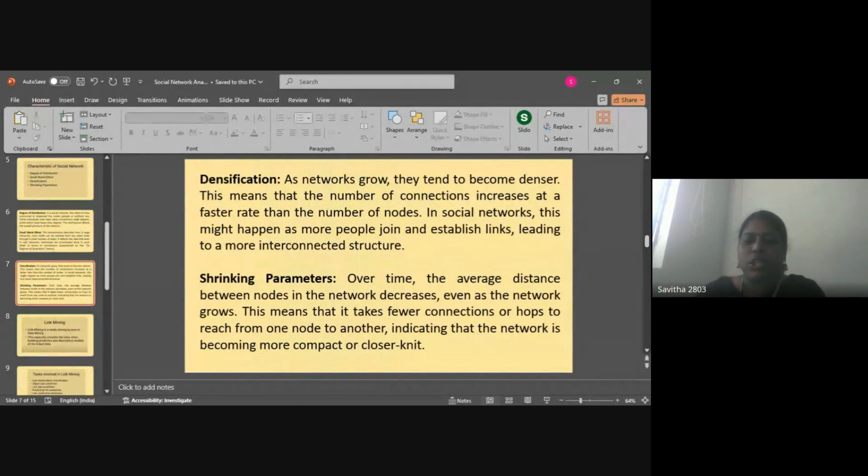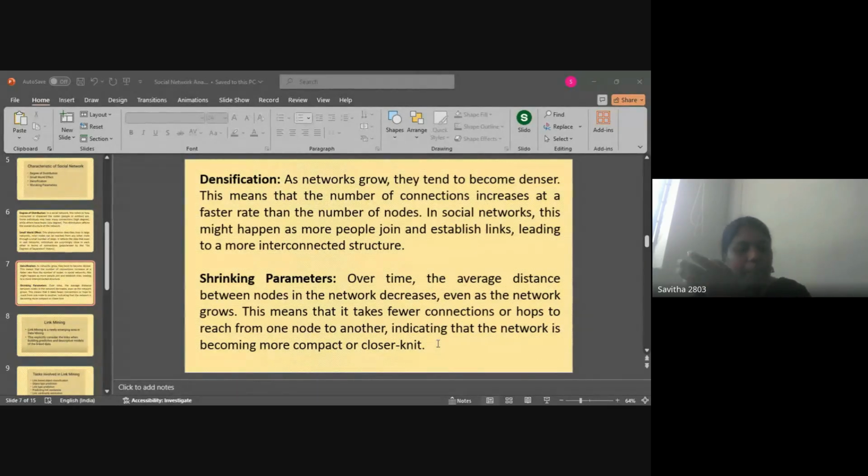Okay. So shrinking parameters refers to the average distance between nodes in the network. Even as the network grows, the distance between nodes decreases. Shrinking parameter means that the average distance between any two nodes decreases, so people in the network are able to reach each other through fewer connections.